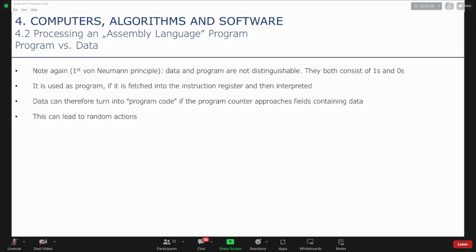And of course, if you are interpreting the data as program or vice versa, then you can have random actions that you cannot understand because you're just wrongly interpreting the ones and zeros that you have there.